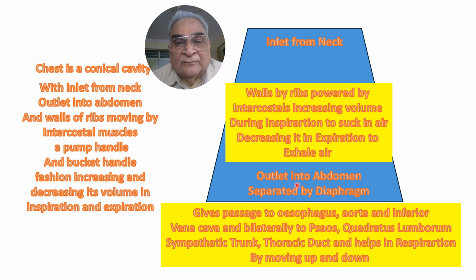And this diaphragm would go down, increasing the volume in inspiration, and go up, decreasing the volume of the chest in expiration. And therefore, diaphragm movements are vital to normal breathing.